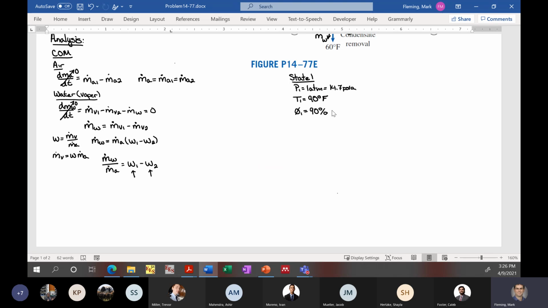So those were the given values. But what we want to calculate is the humidity ratio at 1, which we said would be the mass flow rate of the vapor at state 1 divided by the mass flow rate of the dry air.